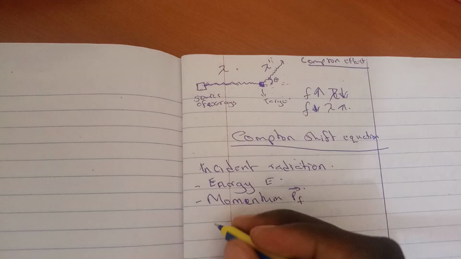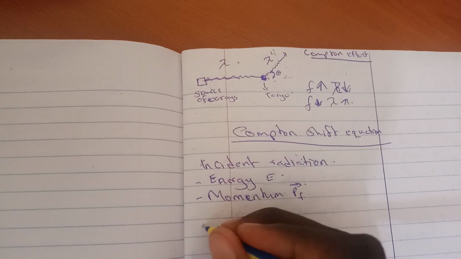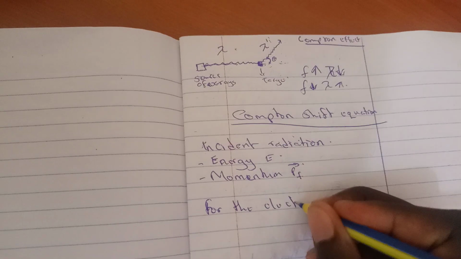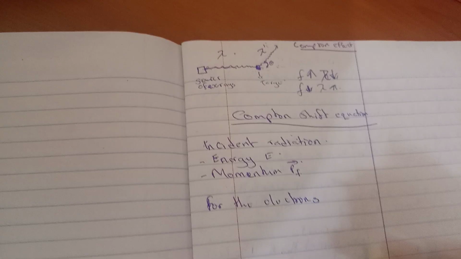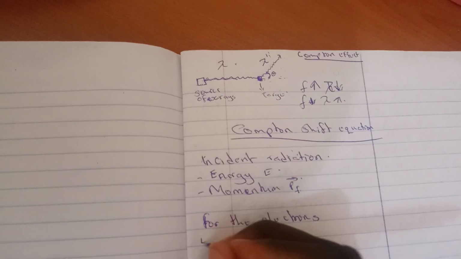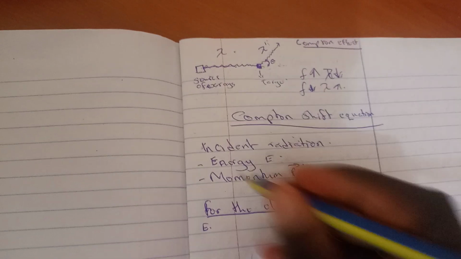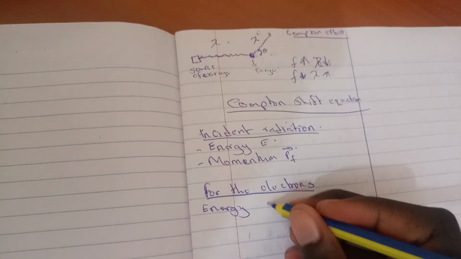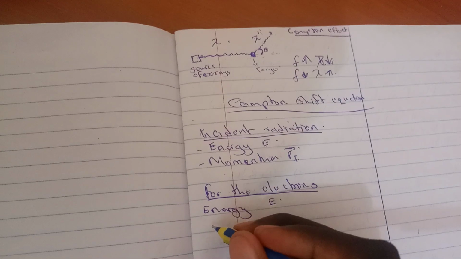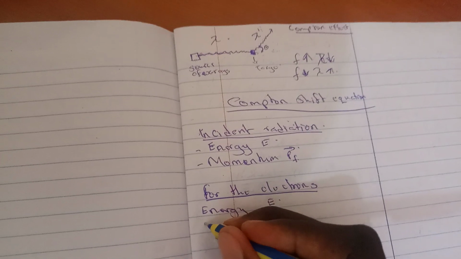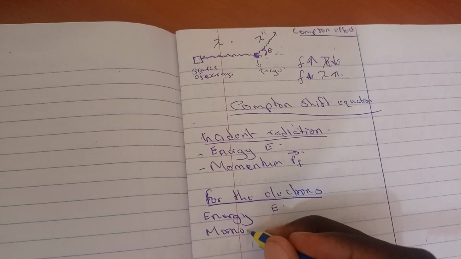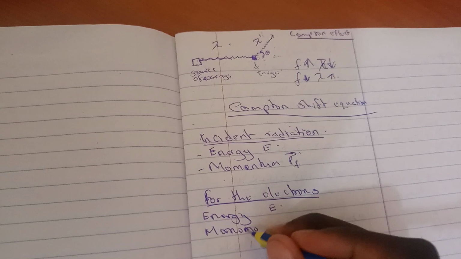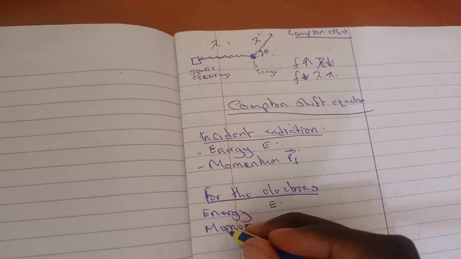So we say that for the electrons, we have energy E, and then let momentum, how do we write momentum?